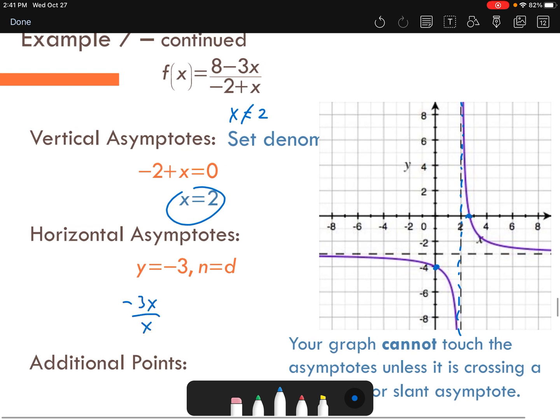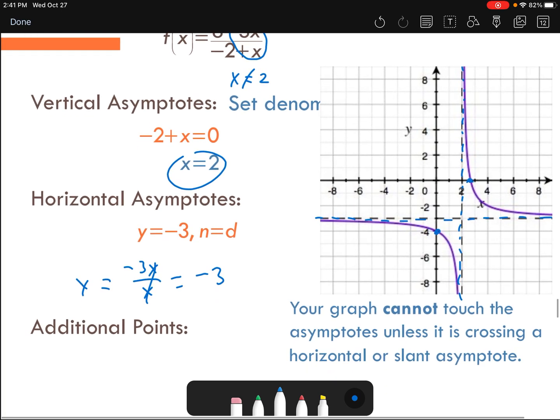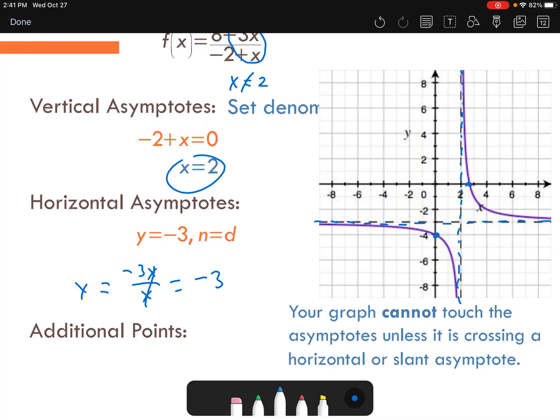Now, how do we find the horizontal asymptote? We take negative 3x over x, leading term over leading term. The leading coefficient of each, the x's cancel, you get negative 3. So at y equals negative 3, we're going to have a horizontal asymptote. For additional points, you can plug in, say, negative 2 and negative 4 into that equation, and you can plug in 3 and 4.